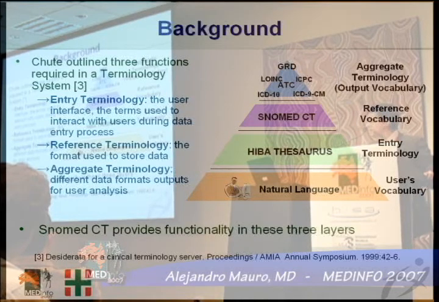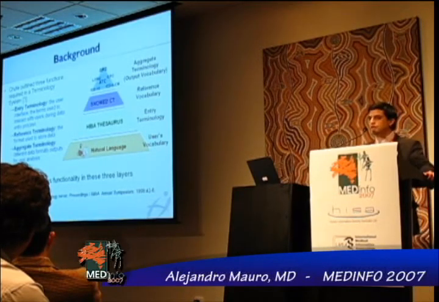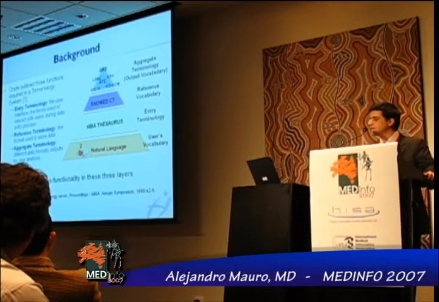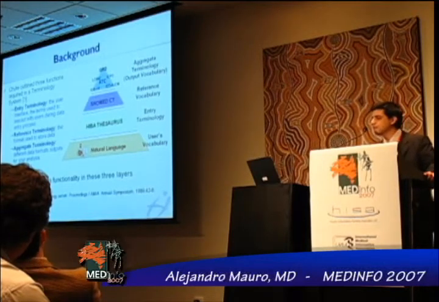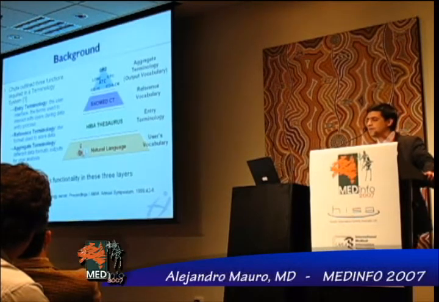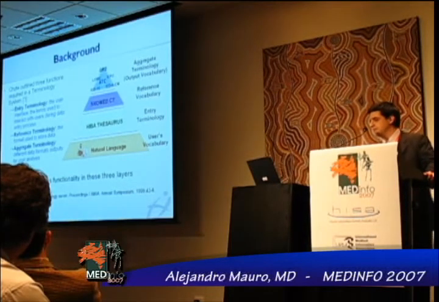In this slide, I'm showing a triangle with the natural language as the base, it's the user vocabulary. Then, as an entry terminology in our system, we are using a thesaurus, and then we are using SNOMED CT as a reference vocabulary, and we have some aggregate terminology or output vocabulary, like LOINC, ATC, ICD-9.